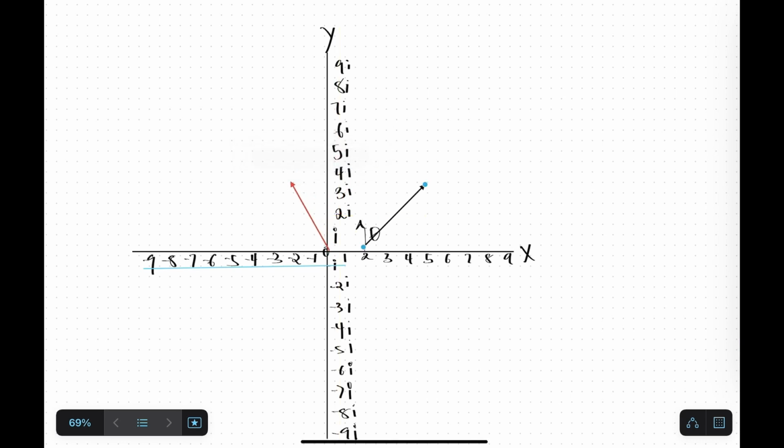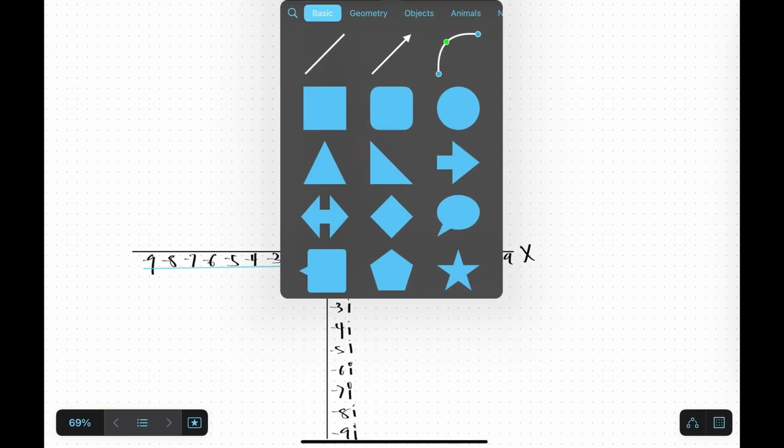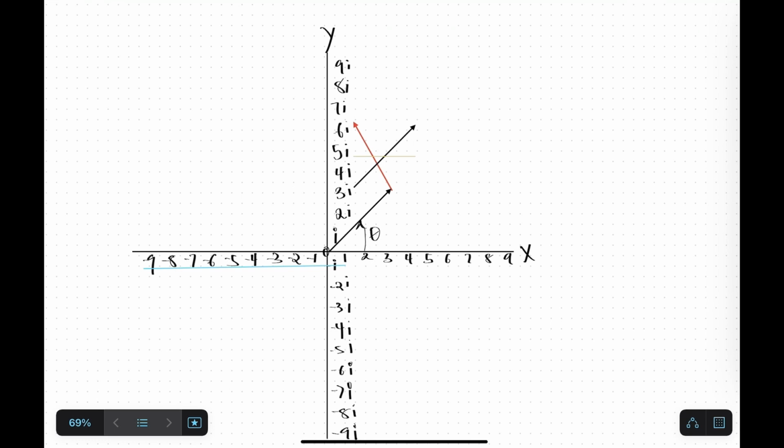To add vectors, for example, the black and orange vectors, we line them up tip to tail, and then the sum is the new vector that we draw from the tip to the tail of the other vector.